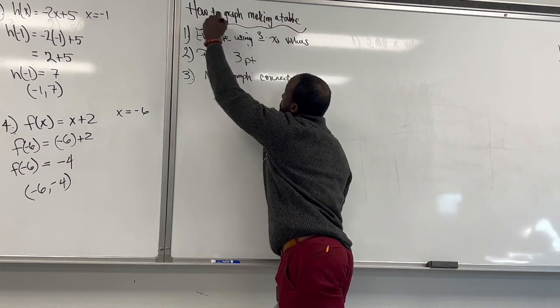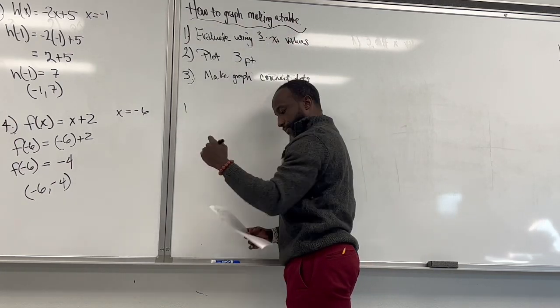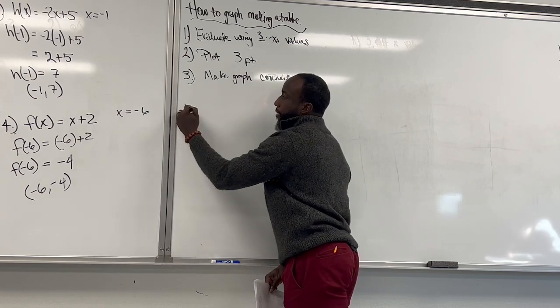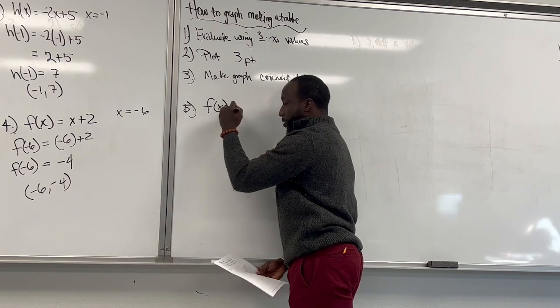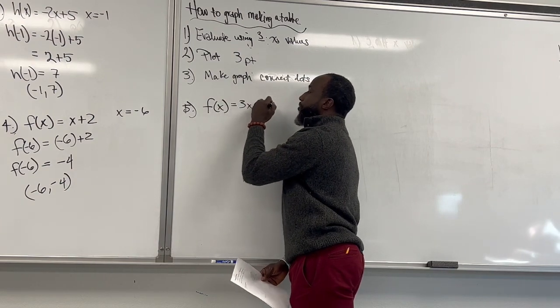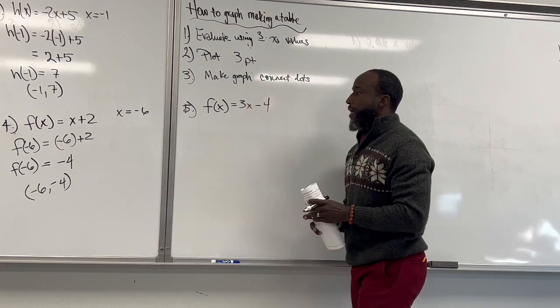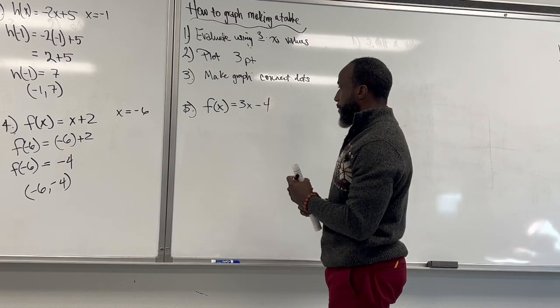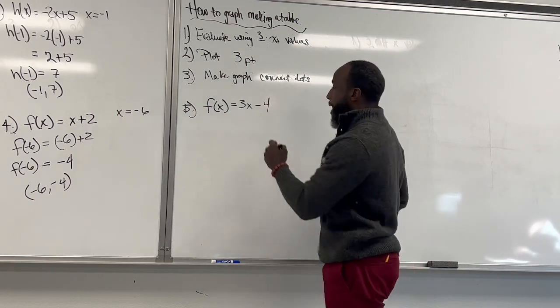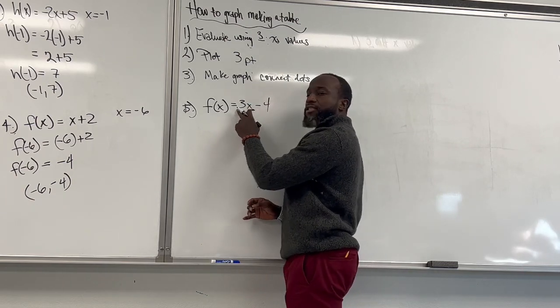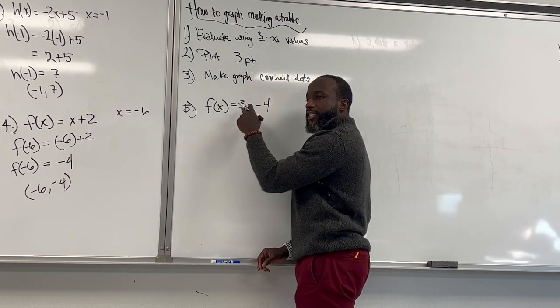So number 5, you have f of x equals 3x minus 4, okay? So the number connected to the x is a whole number, right? It's just 3.